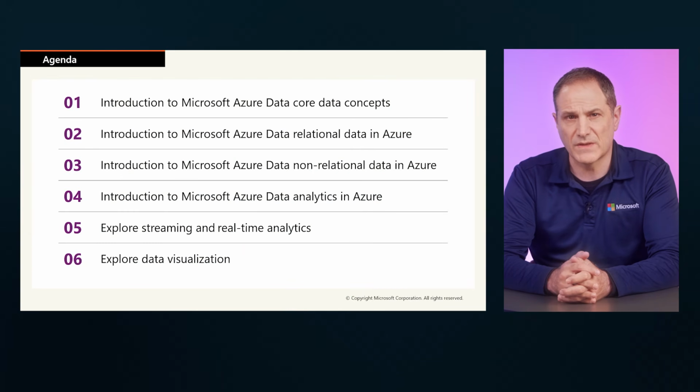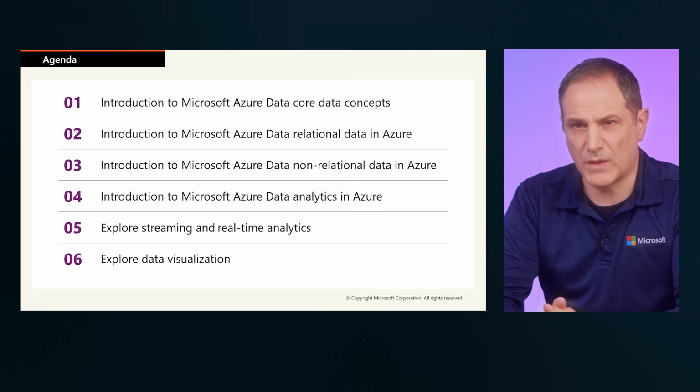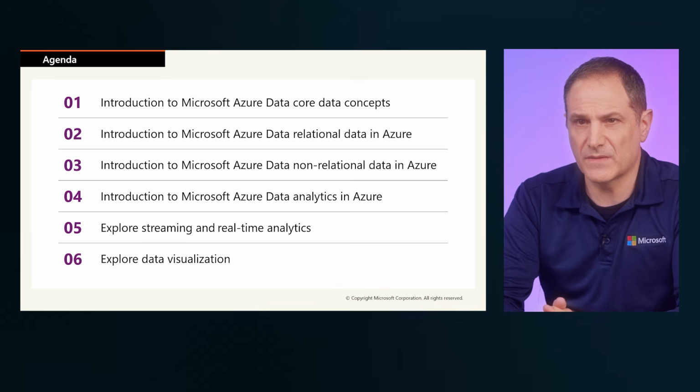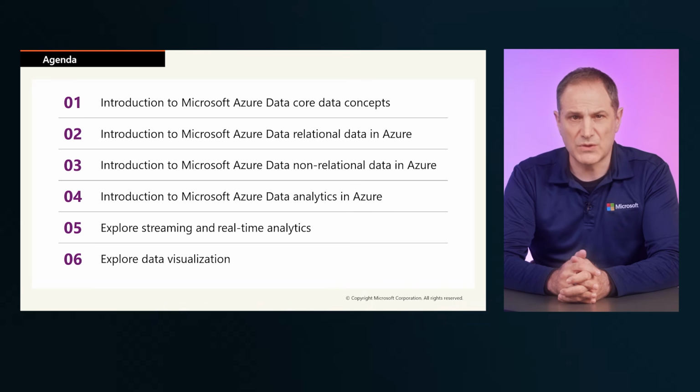This course covers 6 sessions where learners will build a foundational understanding of core data concepts and how data is stored, processed, analyzed, and then visualized in Microsoft Azure. We'll begin with Session 1, an introduction to Microsoft Azure Data, core data concepts. Then we move into Session 2, relational data in Azure.